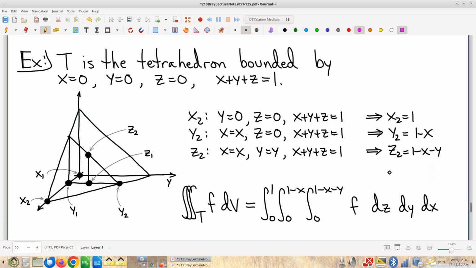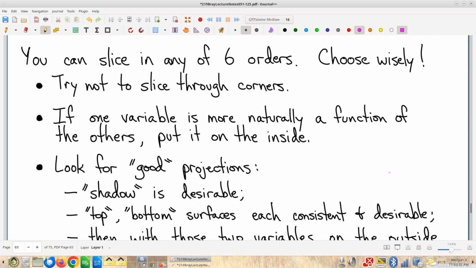Okay, bunch more examples. Now, a little bit of advice I'm going to give. You've got 6 different options to choose from as to how you slice. I strongly advise that you don't make a choice now and just say, I'm going to be a dx, dy, dz kind of person, right? Because that really won't work sometimes, so you need all of this flexibility.